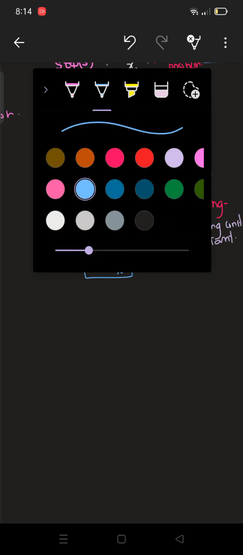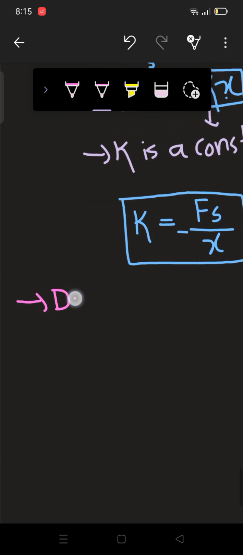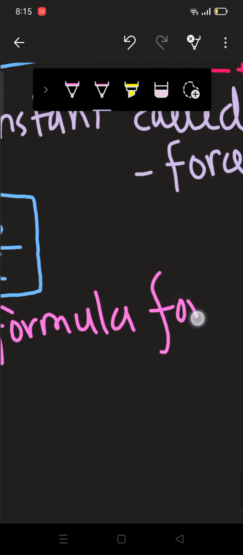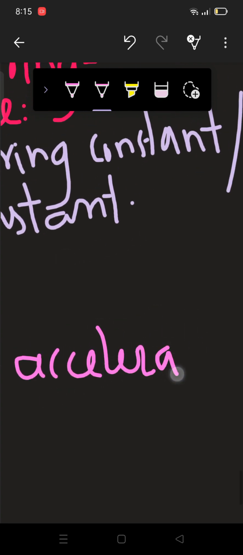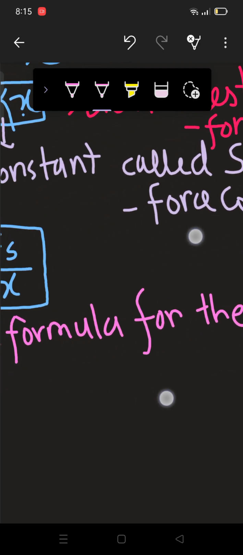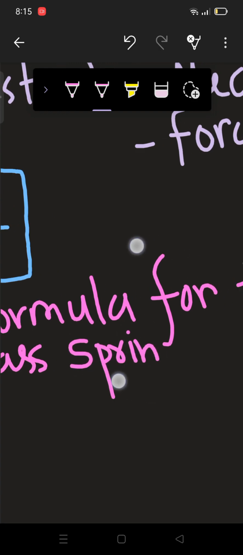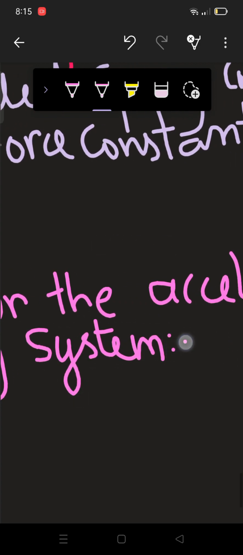Today we are going to derive the formula for acceleration of mass spring system.